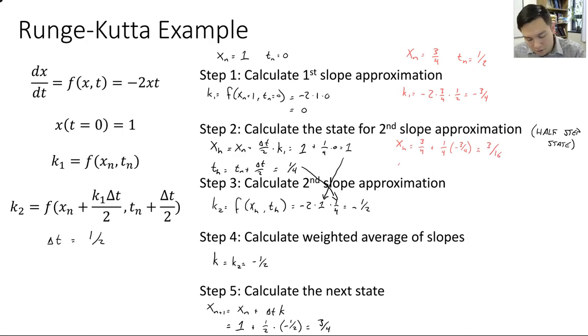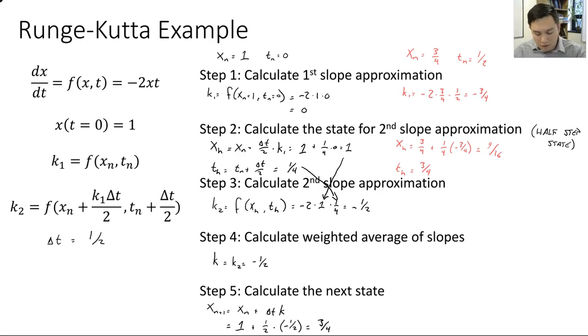Our t sub h value is going to be simply a half plus a quarter, which is 3/4. Sorry, this is not 3/16. This should be 9/16, because 3/4 becomes 12/16, and 12/16 minus 3/16 would be 9/16.